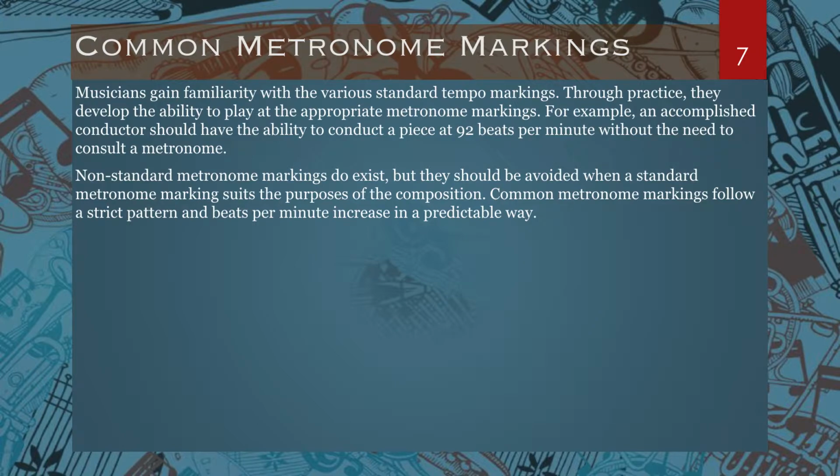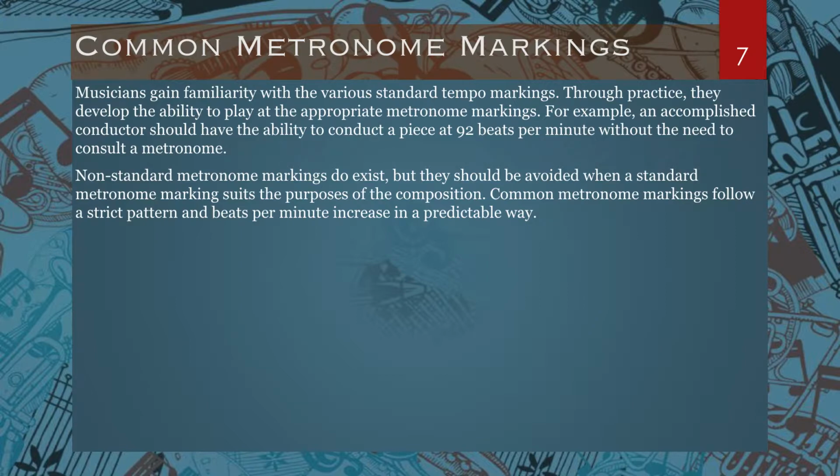This next concept about common metronome markings is something that's been lost with time. When musicians learn to perform and learn how to play their instruments, they get used to learning what certain tempos feel like. And there are certain metronome markings that are not common.